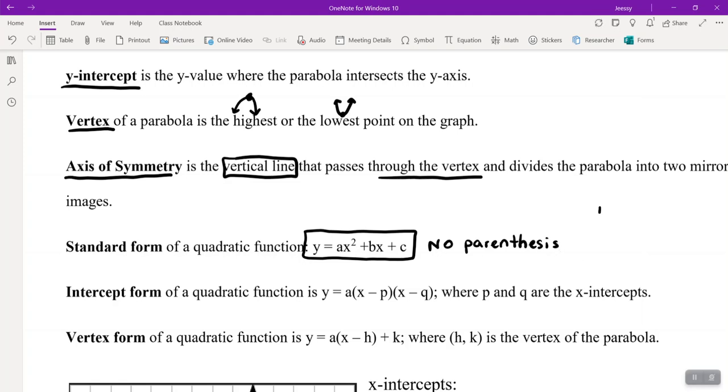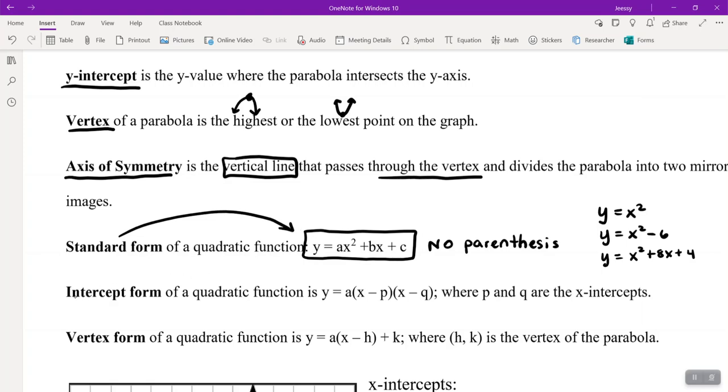You can be a 1-term parabola, a 2-term parabola, or a 3-term parabola. It's not about the number of terms. Obviously, you can't have more than 3 because it's quadratic. Quadratic is the highest degree. Now, that's standard form.